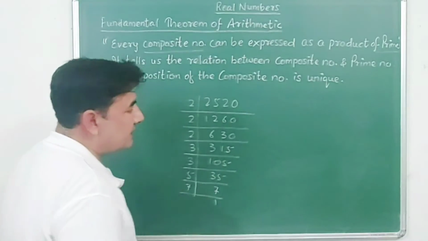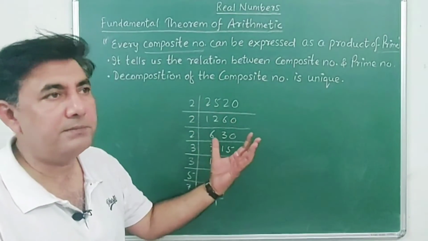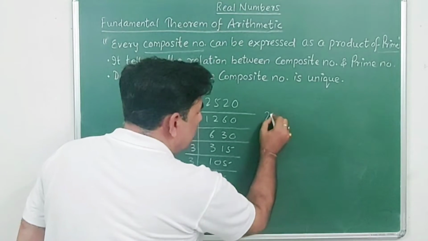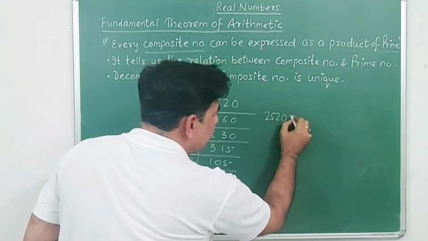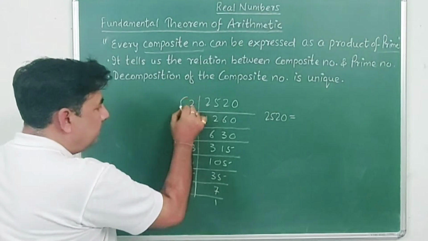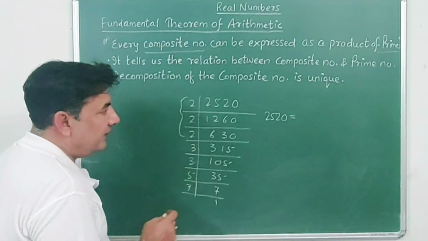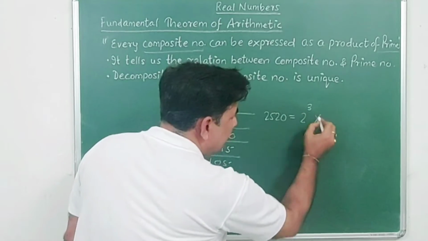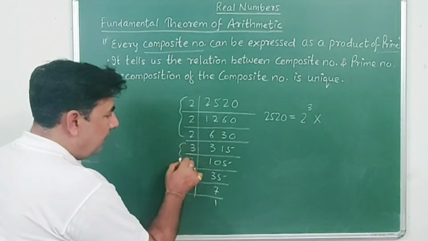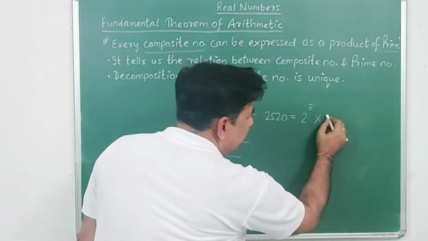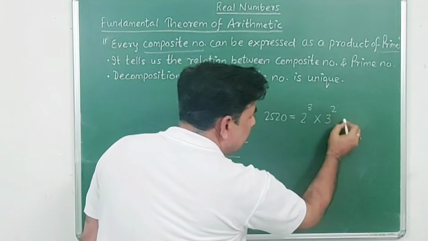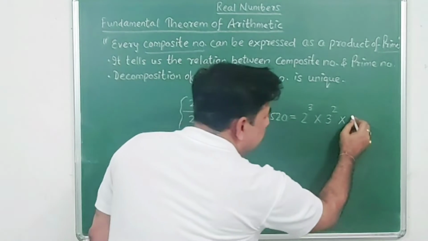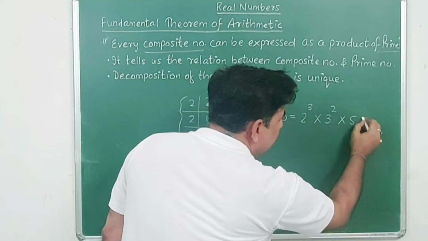Now how do we express this composite number as a product of primes? Let's see. 2520 is equal to, now see, there are three 2's, so we can write 2 to the power of 3, into, now there are two 3's, so we write 3 to the power of 2, there is one 5 and one 7. So this is 5 and 7.